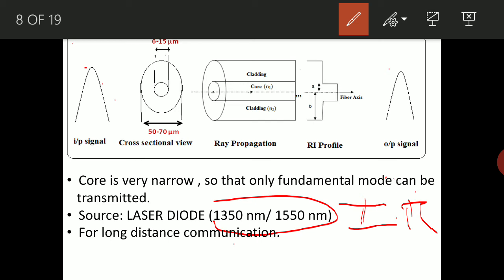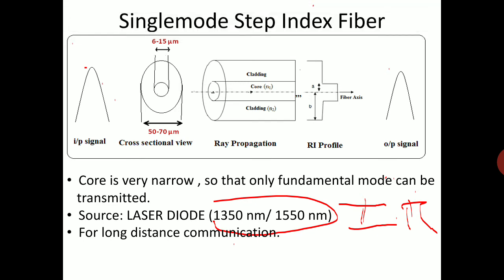It is the wavelength through which the light is transmitted through the optical fiber for communication purposes. Moreover, this fiber is basically suitable for long distance communication. Across the globe, the majority of the optical fiber we are using is the single mode step index fiber for communication. So this is regarding the single mode step index fiber.